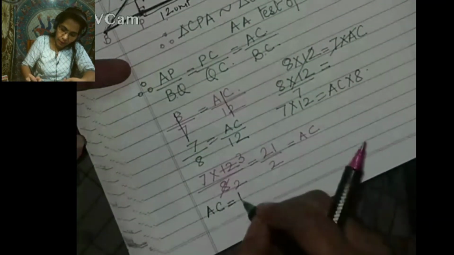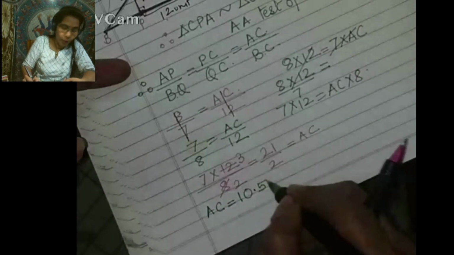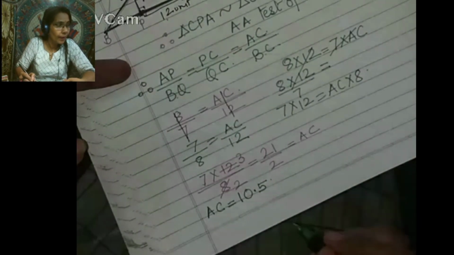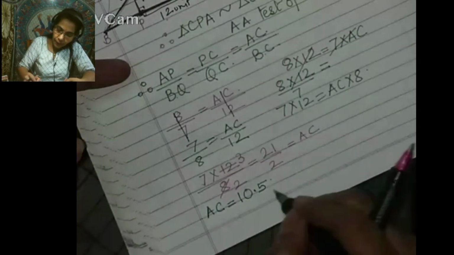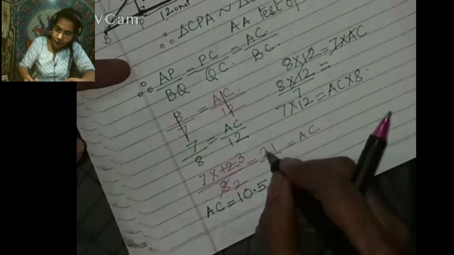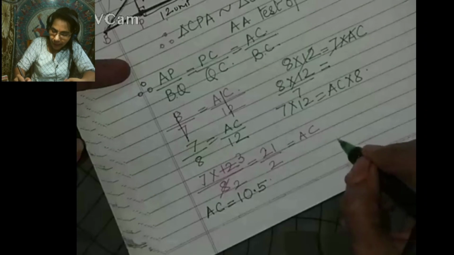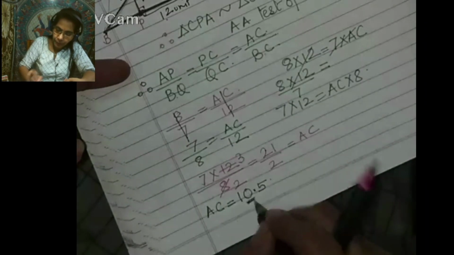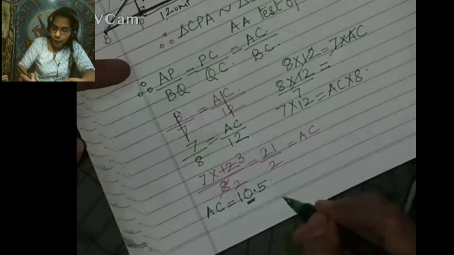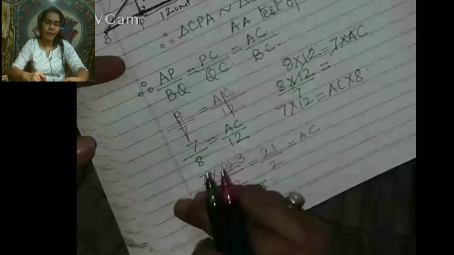Therefore, AC is equal to 10.5. Generally, when you people do this division, you tend to forget this 0, so be careful while dividing.